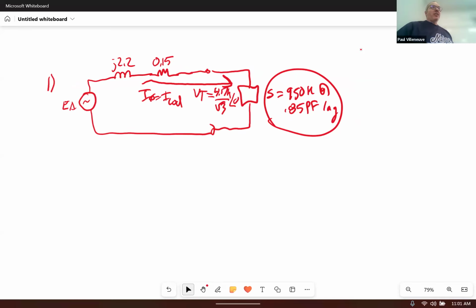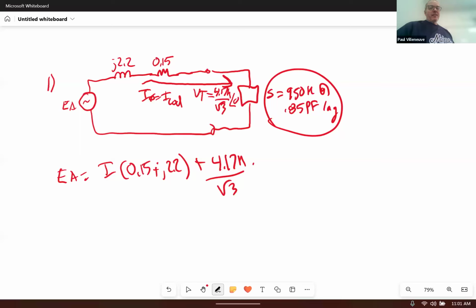So if I did KVL, EA is equal to I times (0.15 plus j2.2) plus my terminal voltage, right? You're telling me that this value of I, you'd solve for by taking this voltage right here and dividing it by that impedance? Probably not.